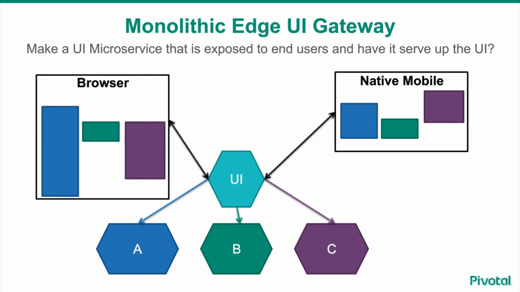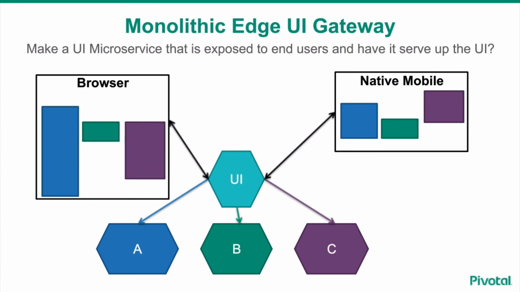If you create a backend service for each type of client, then you will need an edge UI gateway that forwards those requests to the appropriate backend service, which is why you introduce an edge UI gateway that can address some of these concerns.